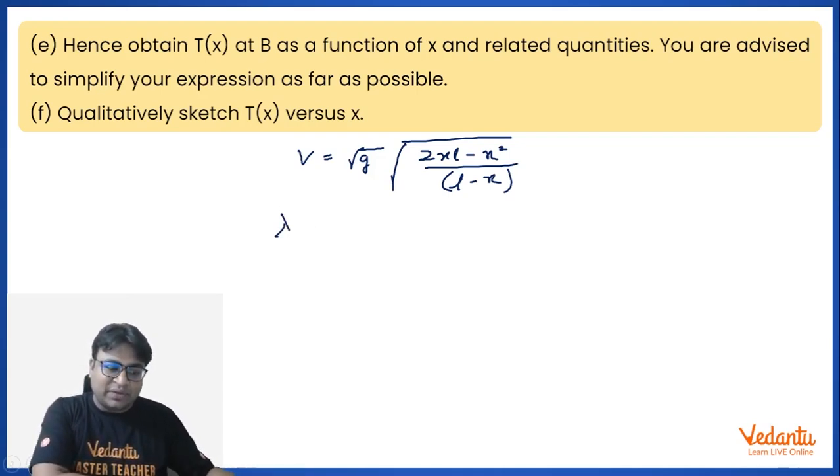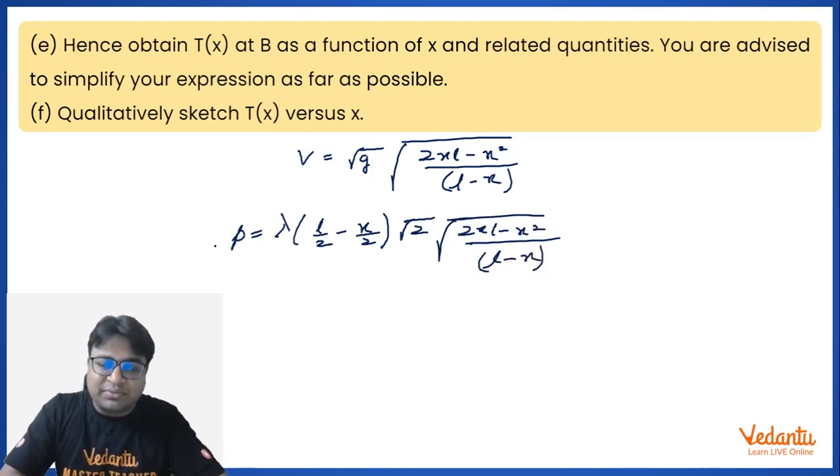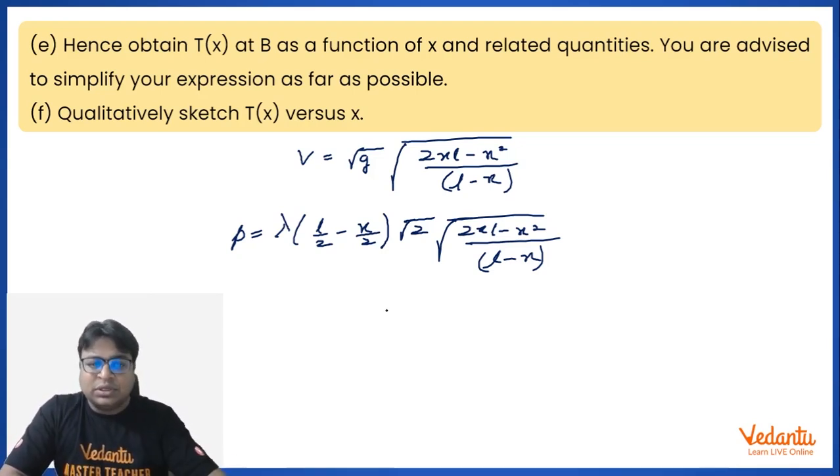So lambda into (L/2 minus x/2), this is mass, into velocity, root g root of (2xL minus x square) upon (L minus x). So this becomes the momentum of the falling chain now, and the remaining steps will be same. So let's see how we do that. All right.